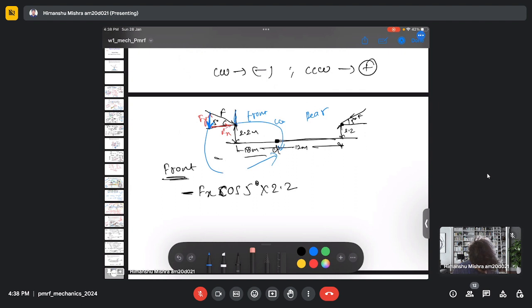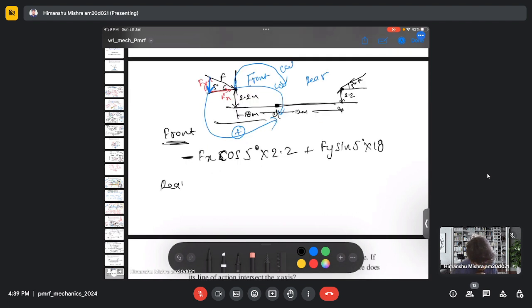So it's positive, so it will be Fy sine 5 and the distance will be 18.